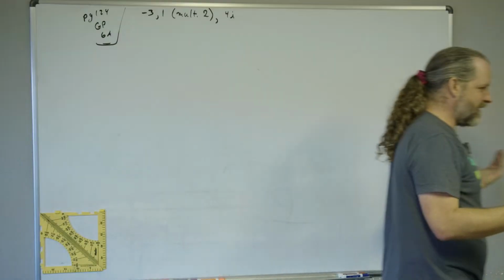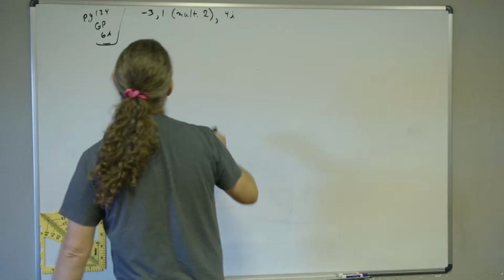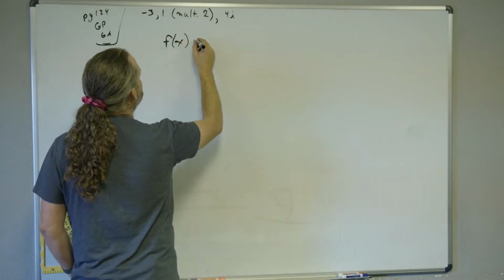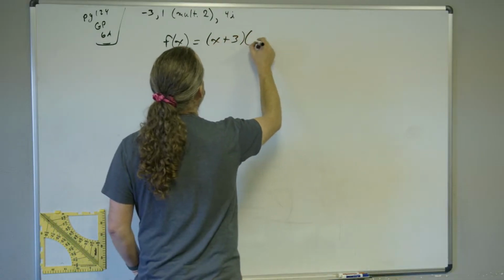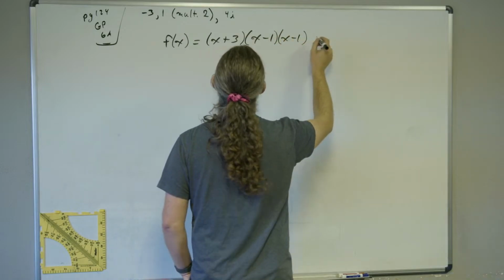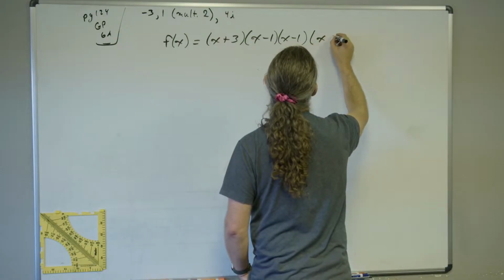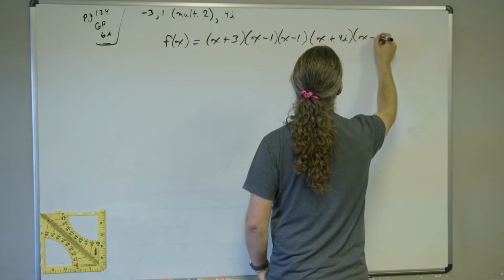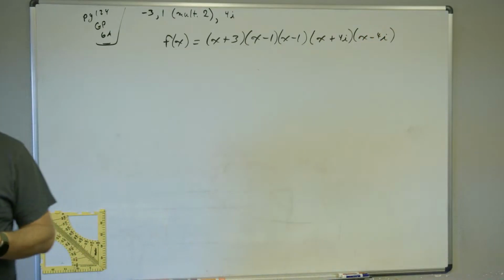Now we've got to make the polynomial. Oh, that means there's two of them. Okay, so that's where we start.